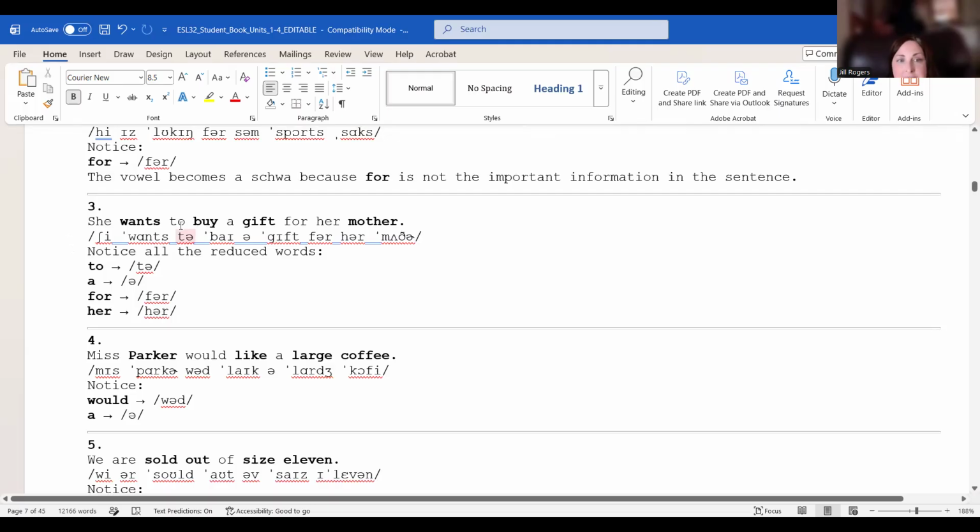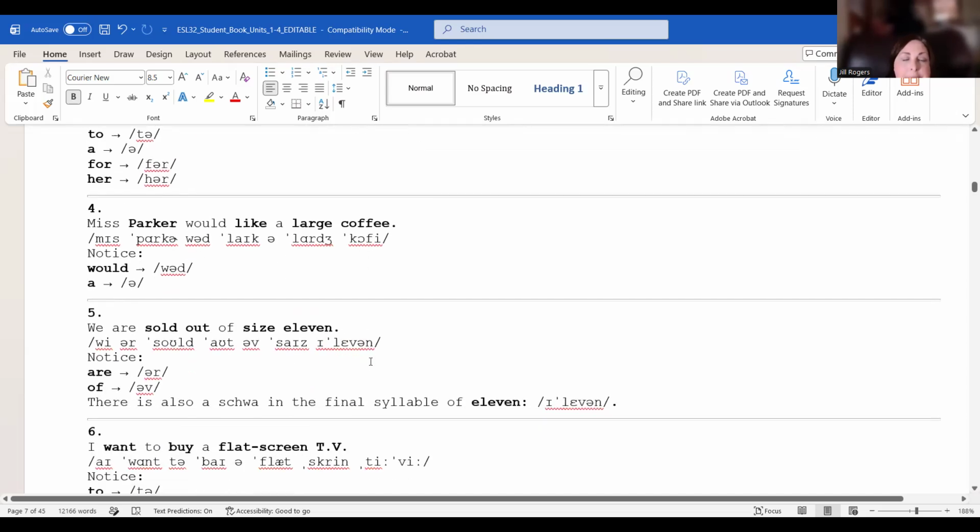You see it's in "ta": two goes to "ta," and a goes to "uh," and four goes to "fur," and "her," and that's fine. That's just the schwa sound. Actually, this is the "her," ER sound, mother. So if we say it with the schwa, we would say, "she wants to buy a gift for her mother."